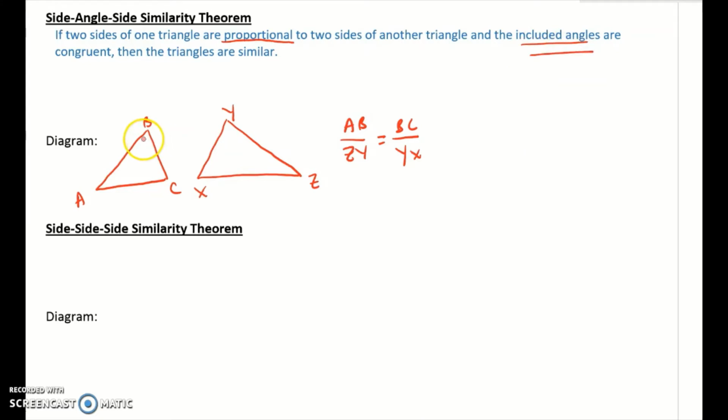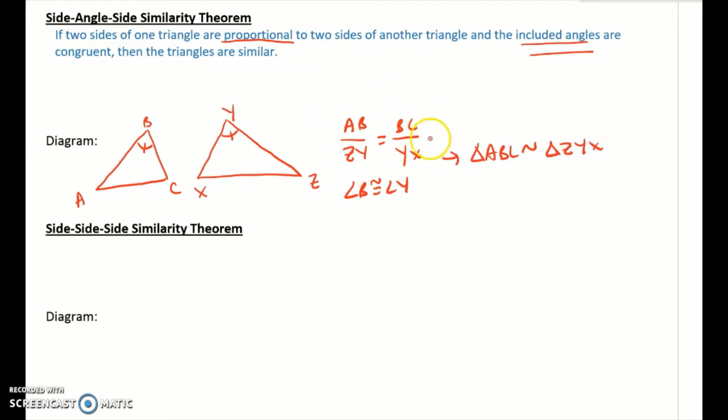So we need to look at the angles that are sandwiched between those two pairs of proportional sides. So that would be angle B and angle Y. Okay? So if we knew that angle B is congruent to angle Y, then we would be able to say altogether that triangle ABC is similar to triangle ZYX.